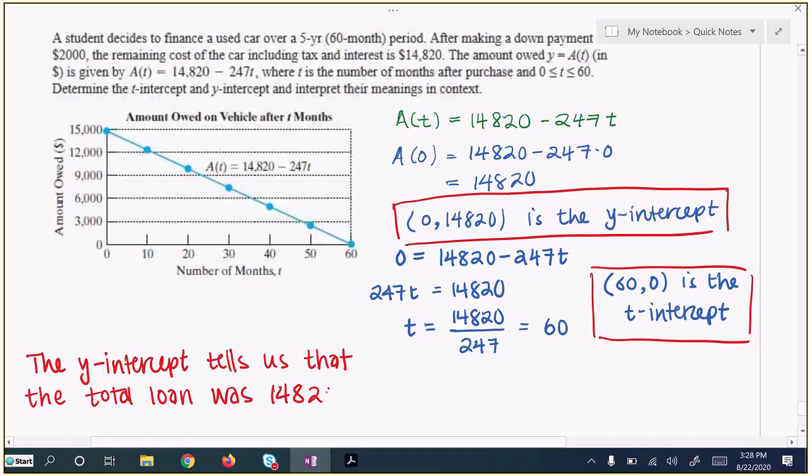So we bought a car for $14,820. Then after 60 months, the amount owed is 0. That's how we interpret the t-intercept. So the t-intercept tells us that after 60 months, which is 5 years, we'll pay off the loan.